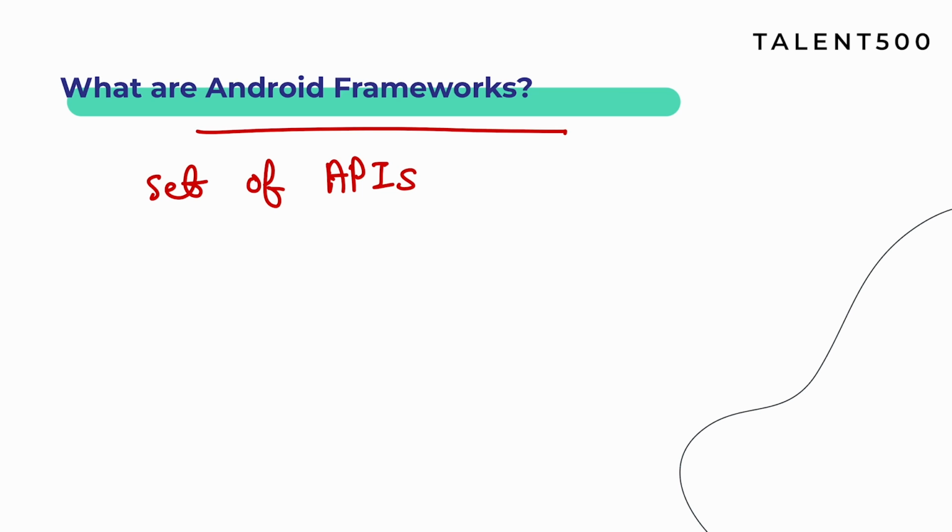Developers can write apps quickly because APIs provide tools like intents, text fields, and more. It is essentially a software toolkit that allows us, the developers, to quickly construct the skeleton of an application.